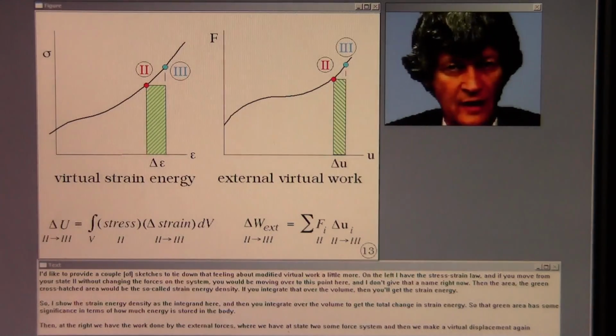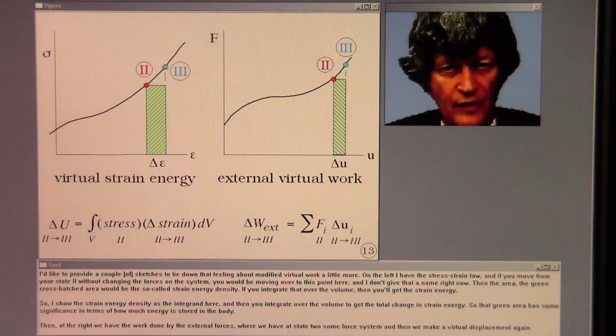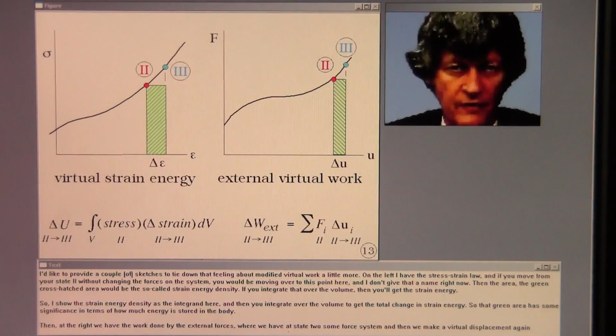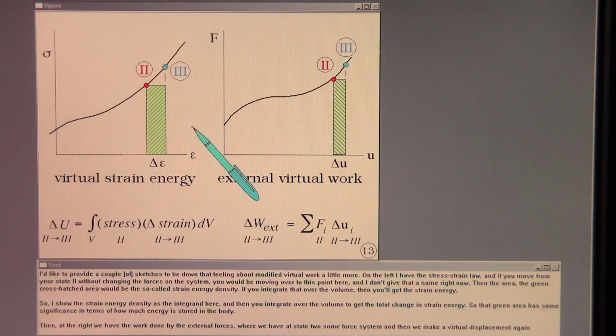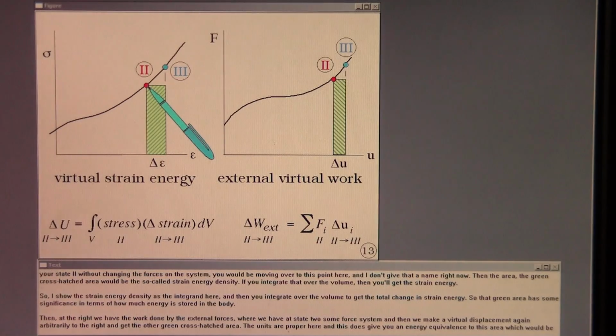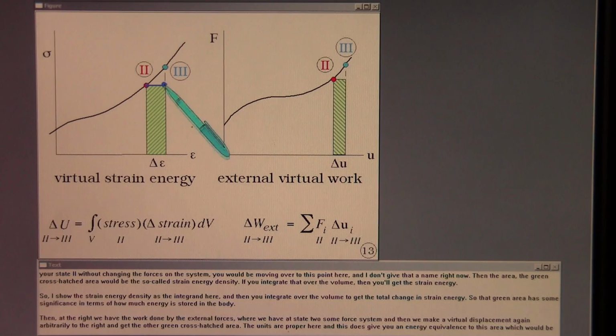I'd like to provide a couple sketches to tie down that feeling about modified virtual work a little more. On the left I have the stress-strain law, and if you move from your state 2 without changing the forces on the system, you would be moving over to this point here, and I don't give that a name right now.